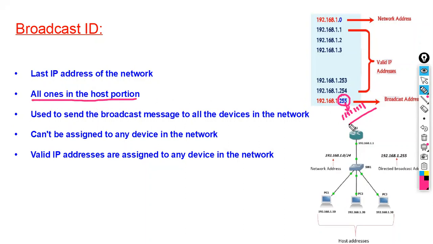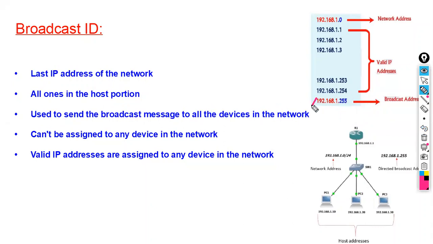If you have all ones in the host portion, it is a broadcast address, and we can't configure the IP address which is having all ones in the host portion, and it is used to send the broadcast message to all the devices in the network.